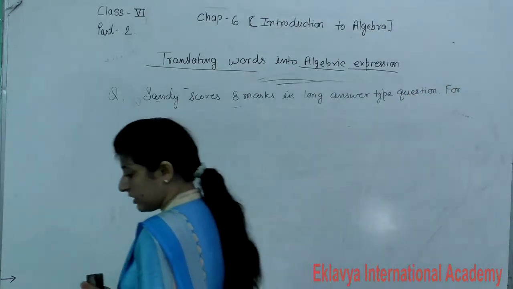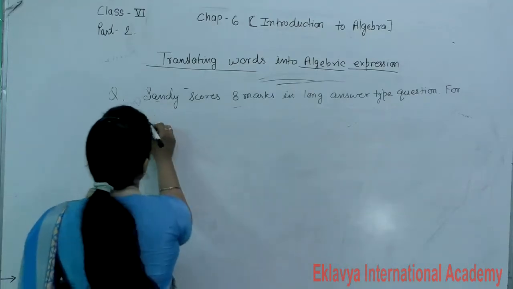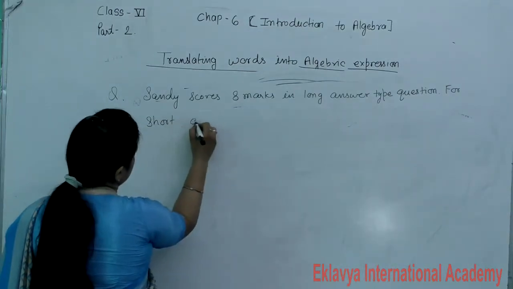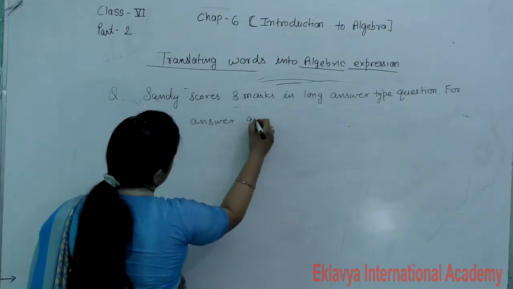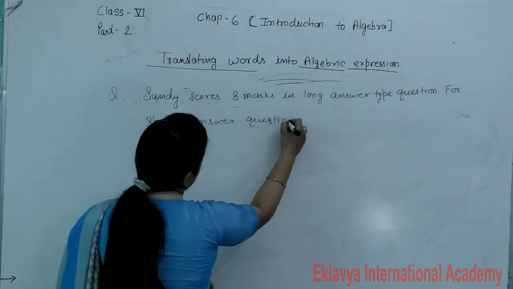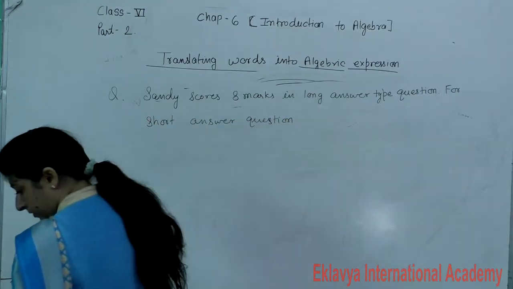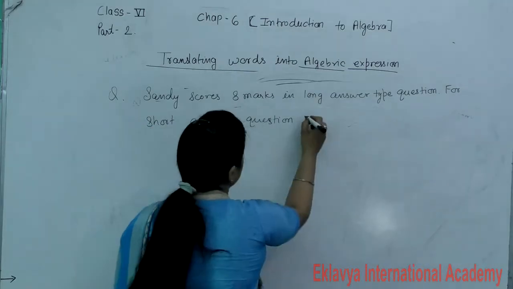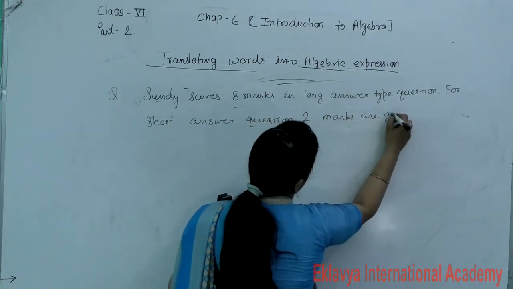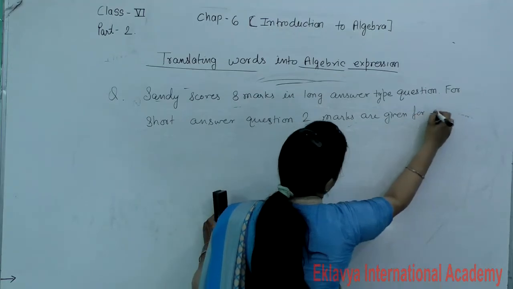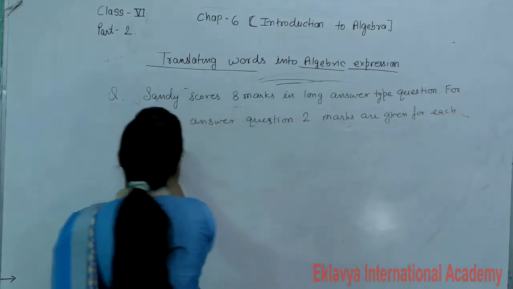For a short answer question, two marks are given for each correct answer.